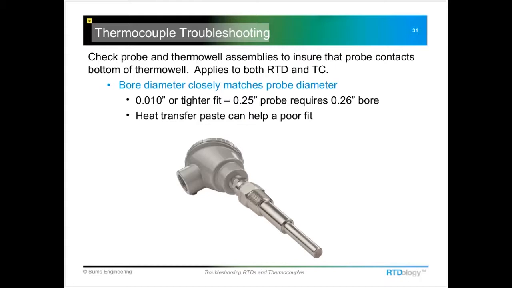There's an air gap, and that air tends to cause a bit of a stem conduction effect because it's circulating in and out of the well up into the connection head. If you've got a hot process and a 70 degree F ambient, it's going to have a little bit of a cooling effect. But if you tighten up that fit, part of that's going to go away. You can also put in a heat transfer paste, which will displace the air in there and give you a much better temperature reading.